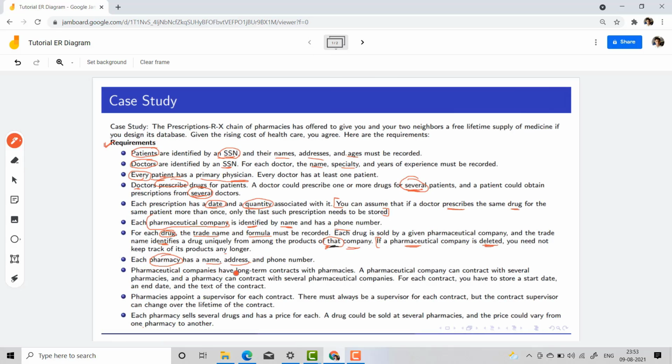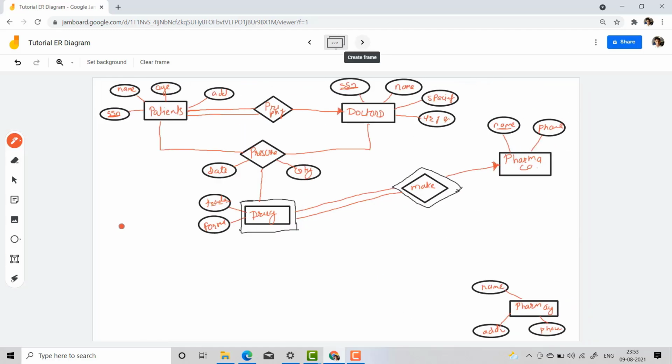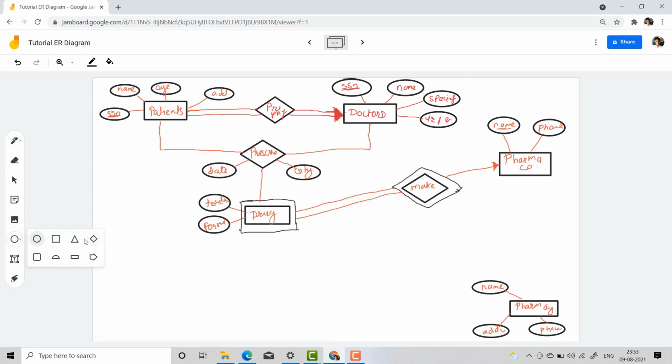Now pharmaceutical companies have long-term contracts with pharmacies. So here contract is a relationship between the pharmaceutical company and pharmacies. So we need to draw one diamond shape here that represents the relationship contract.